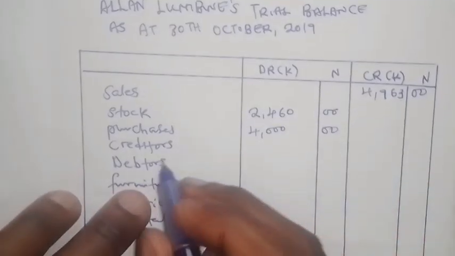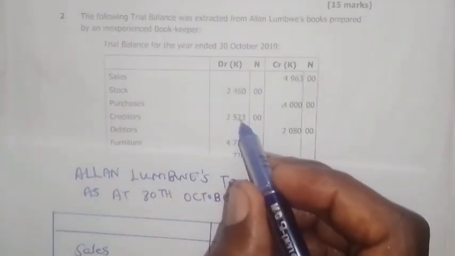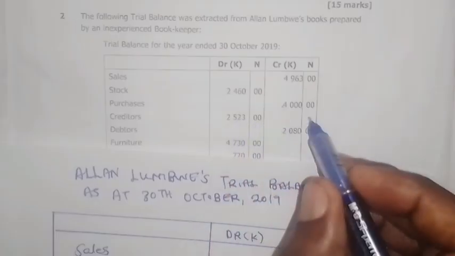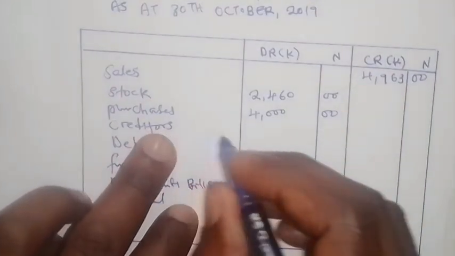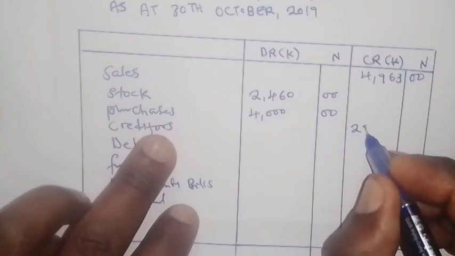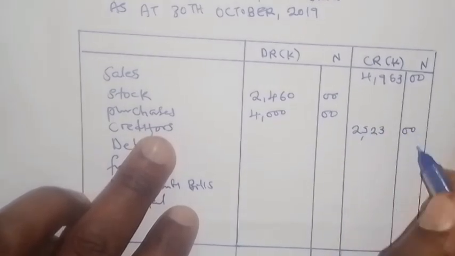Okay, and then creditors. So creditors, this is on the debit, so the correct way to put it should be on the credit side. With how much? 25.23, and the Ngwe is there.